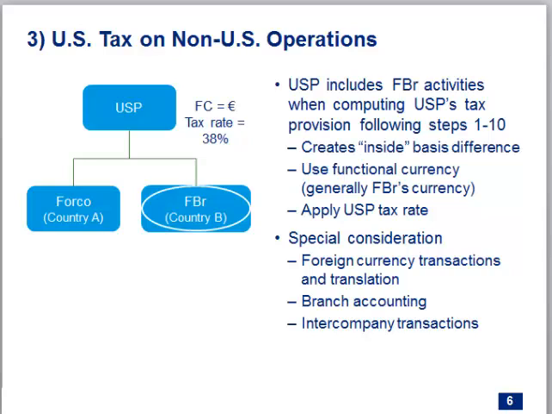So you have a whole calculation to do. You have perms and temps, all based on U.S. tax rules, that are attributable to this flow-through set of income and loss. And you have deferreds, you have payables in the U.S., all attributable to this foreign branch flow-through. So there's a whole calculation that goes into that. And in a sense, a foreign branch is taxed in two jurisdictions.